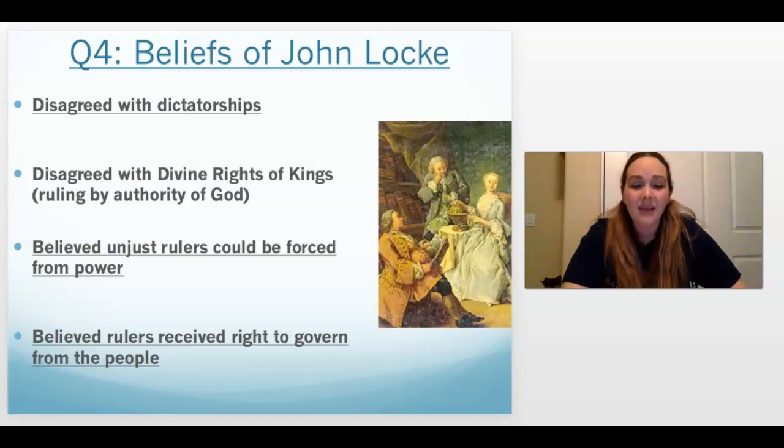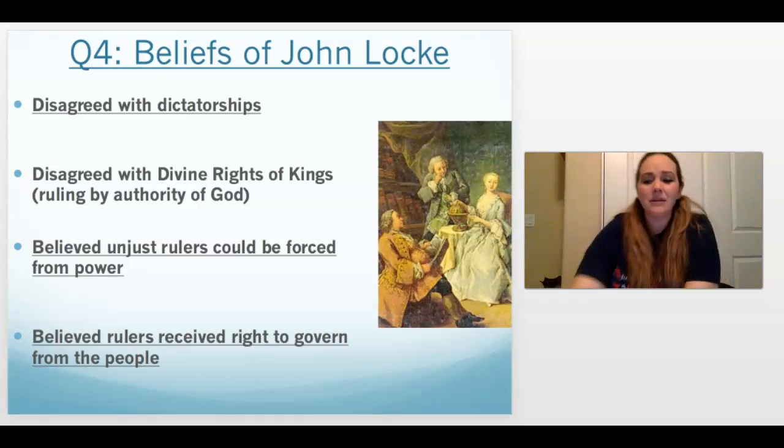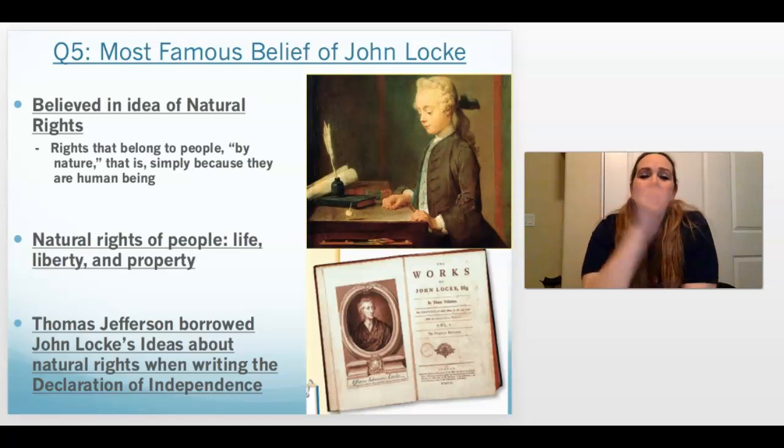Okay, all right, so highlight, highlight, highlight, draw a line underneath everything you just wrote all the way across your page. The number one belief by John Locke that he's most famous for, and you guys have all probably heard this at some point already in your lives, is the idea of natural rights.